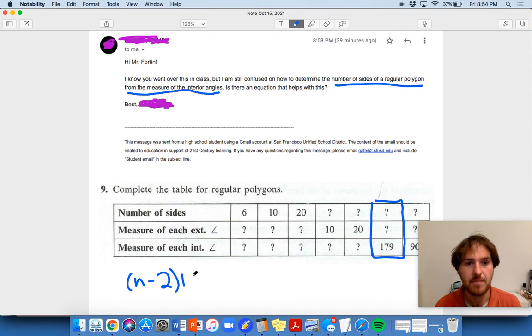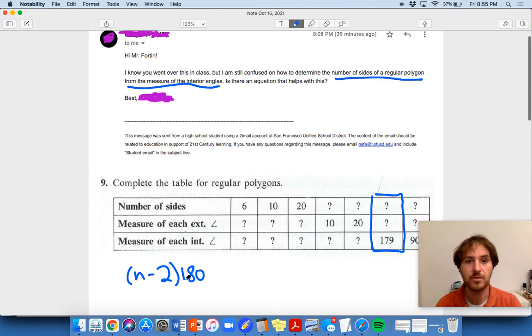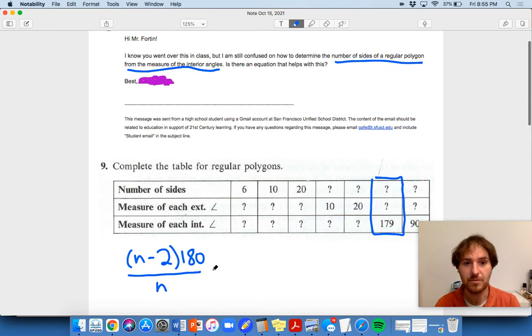I know that I have n minus 2 times 180 degrees in total within a regular convex polygon, or any convex polygon for that matter. That's my interior angle sum. If I divide it by n, because n is the number of sides, also the number of the angles in a polygon, that would give me the measurement of one angle, just one angle of the regular polygon.